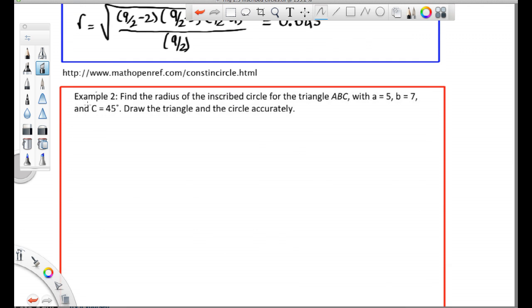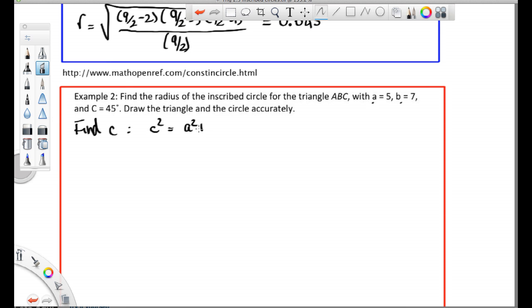Because here we're given C, that's 45. Now unfortunately they don't have either A or B here. There's no way to use the previous one, which relied on knowing all three sides, so I would need to find c anyway. But if I have C, then I can use this angle over here, because it's the shorter of the two formulas. So the first step here is we're going to find c. And you do that by using the law of cosines.